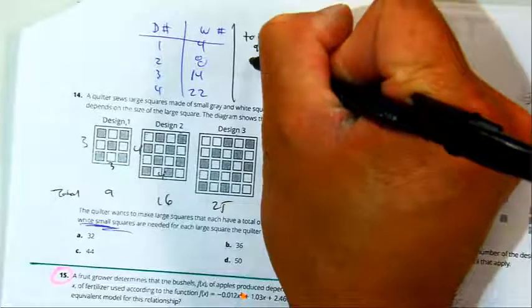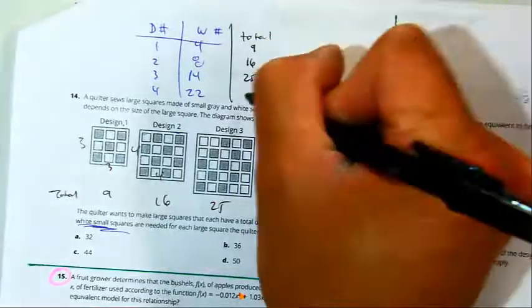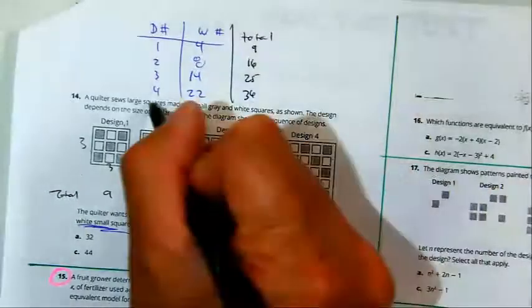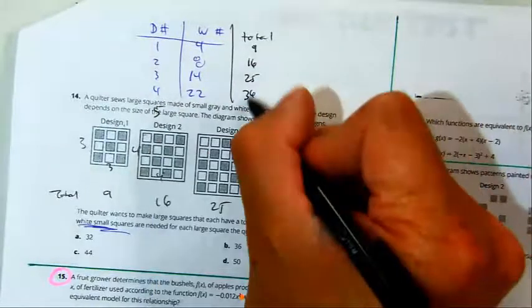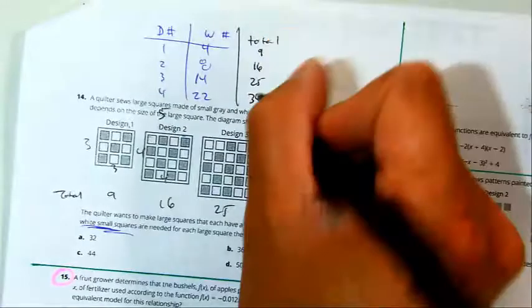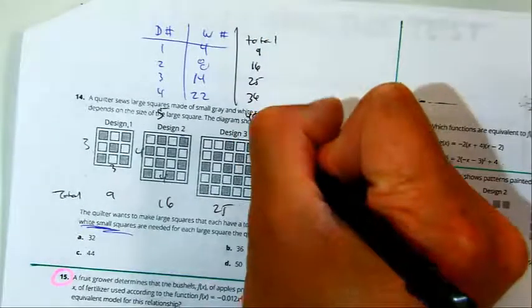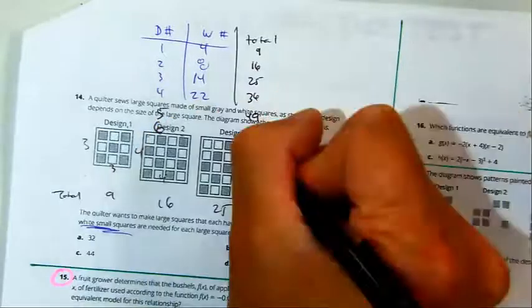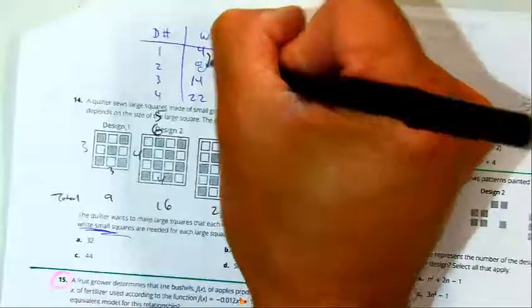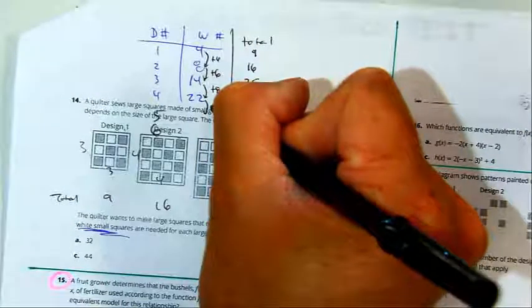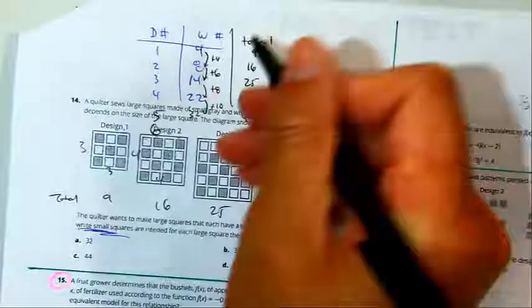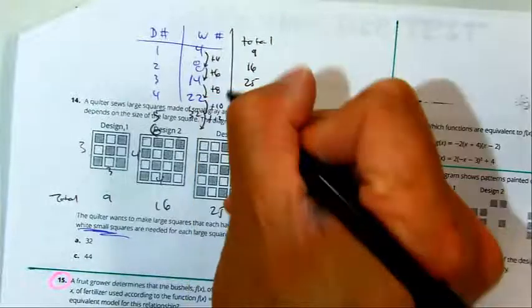So if I expand my table here, the fifth design will have 6 times 6, so this will be 49, and then this one will have 64. And then if I recognize what's happening here, I got plus 4, plus 6, plus 8. If I follow my pattern, I'm going to have plus 10, so that'll be 32. And this will be plus 12, so this would be 44.